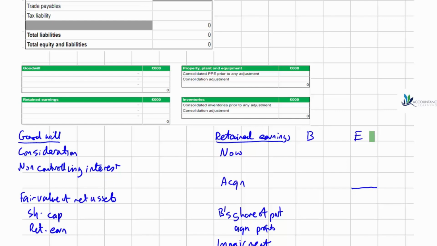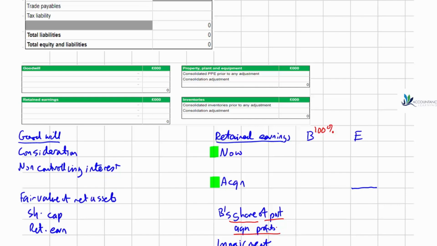And what we're going to do, we're going to consider what are the retained earnings now, what were the retained earnings on acquisition, because remember what we need to do, we need to include in the group retained earnings all of the parent company's retained earnings, but we should only include the parent company's share of the post-acquisition profits of the subsidiary.